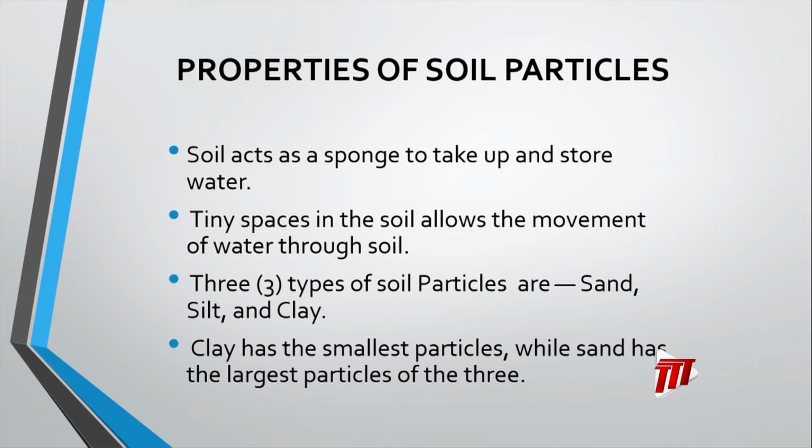So we need to go in order, and as a follow-up from classification and grouping, clay has the smallest particles, while sand has the largest particles. And this is primarily because clay has that small size, this is why we get that smooth feeling. As compared to when we go to the beach and we are building a sandcastle and we play in that dry sand, the particles are way larger and they are rough, they are coarse.